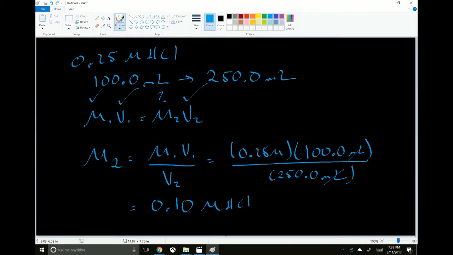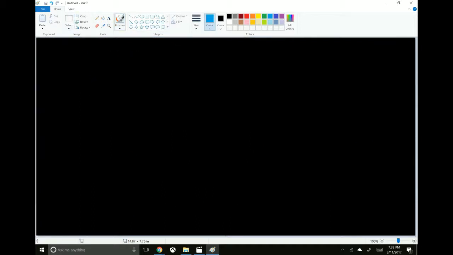But we don't usually say, okay, we add this much solution, what's our new concentration? Usually we're trying to hit a target concentration. Put it another way, if you start with a 1.00 molar solution of HCl, be very careful.